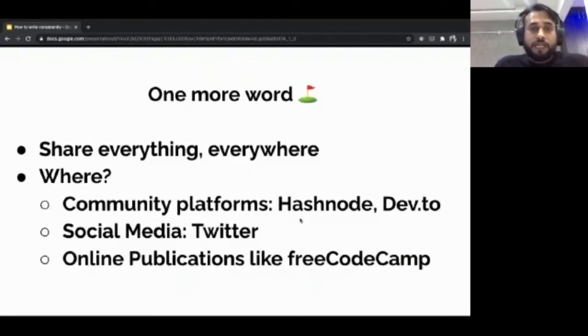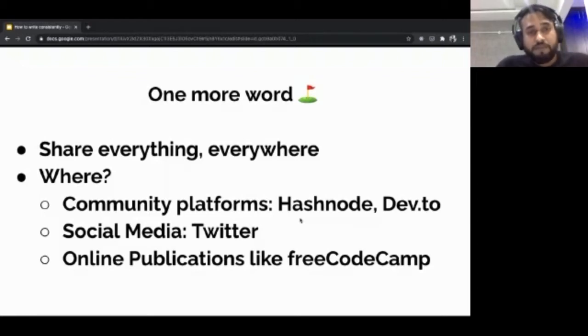One more word I would like to end this talk with is, you have to share everything and everywhere. Start sharing things on the internet, on the platforms that you use, especially community platforms, as we have discussed, like Hashnode and Dev.to. They have the benefit of a large audience, and you also get to know about different perspectives.